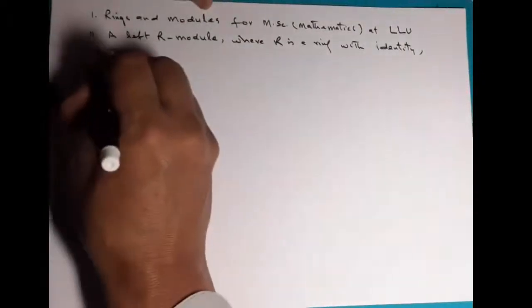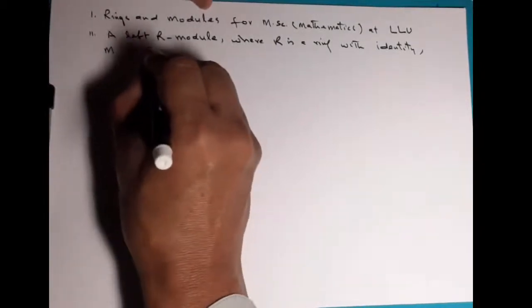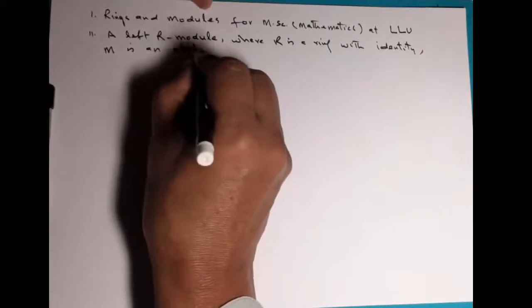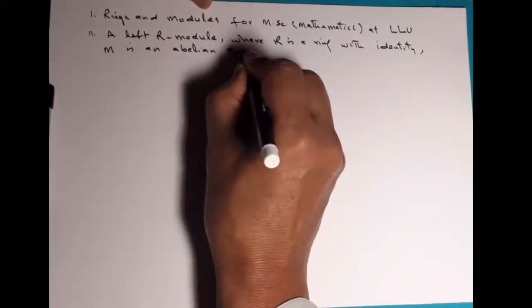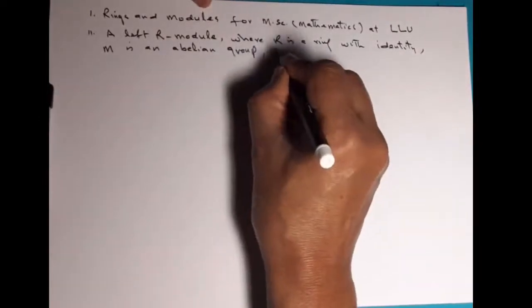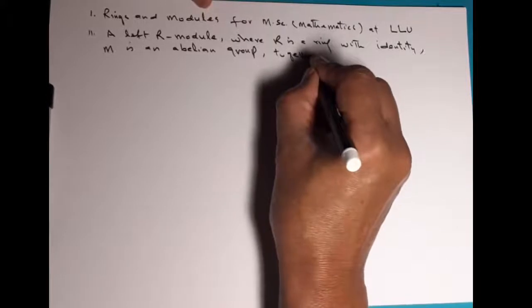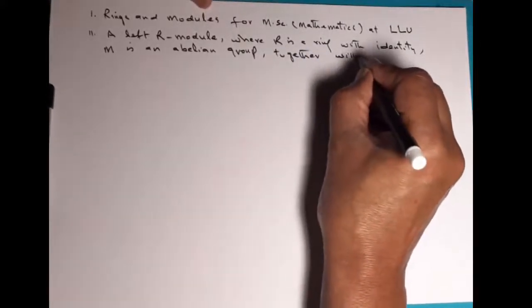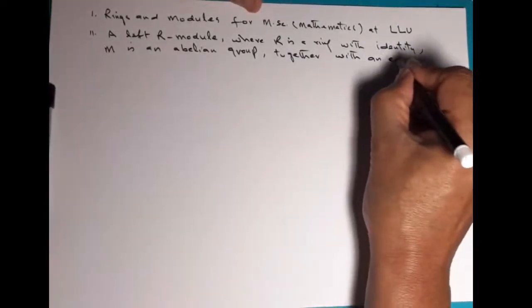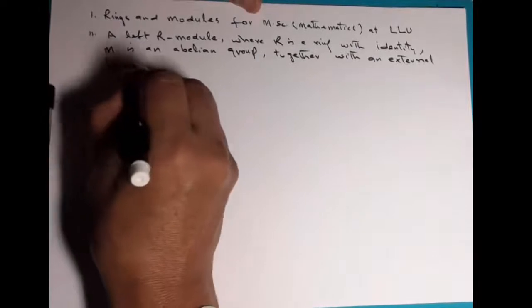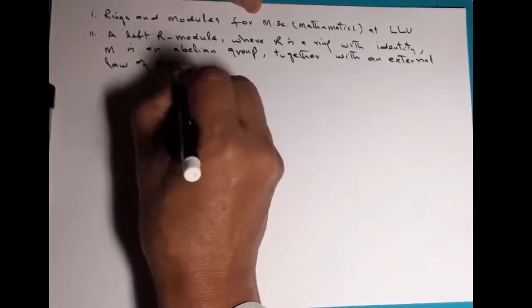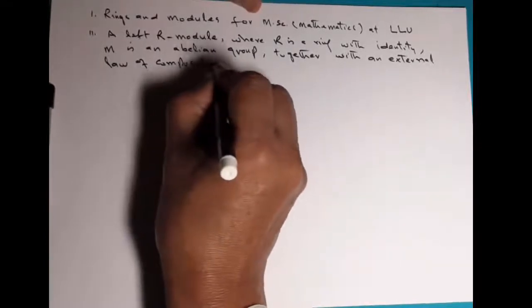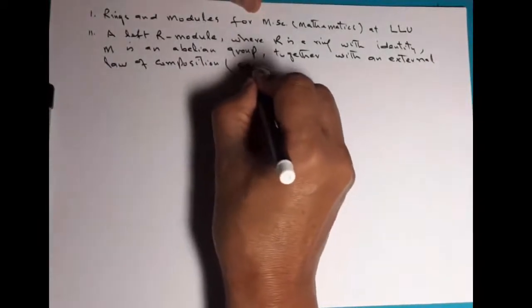A left R module M is an abelian group together with an external law of composition. We also call it scalar multiplication.